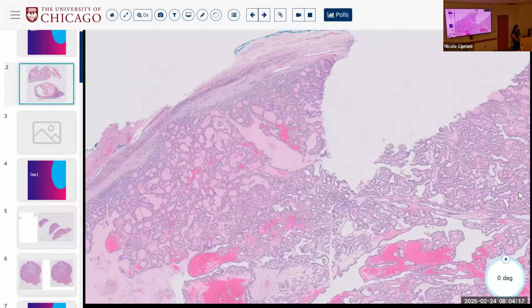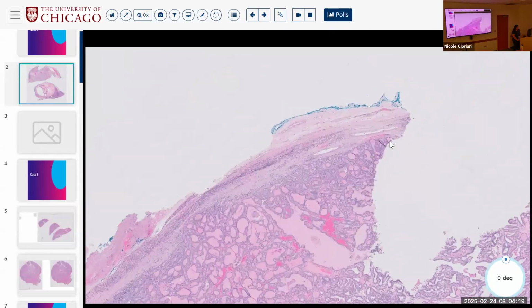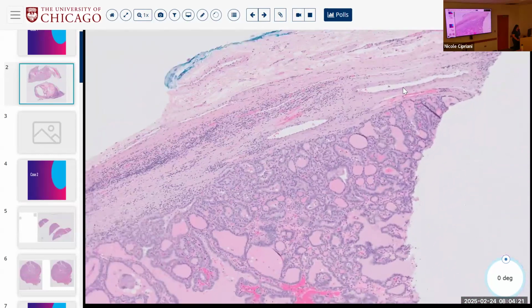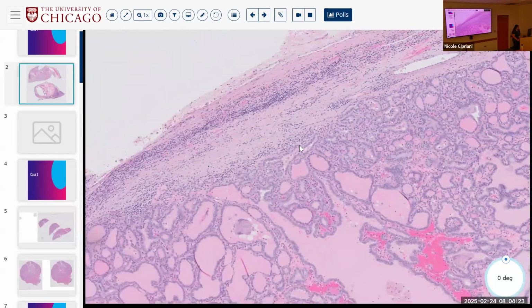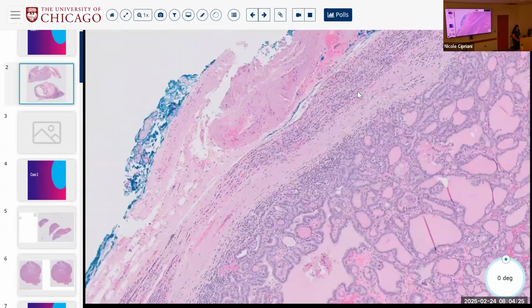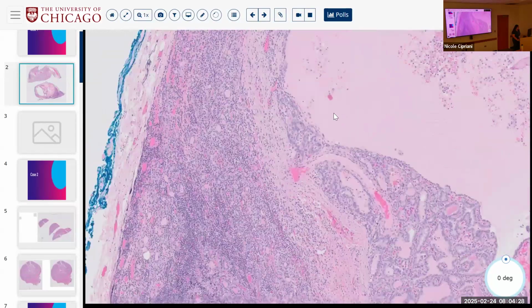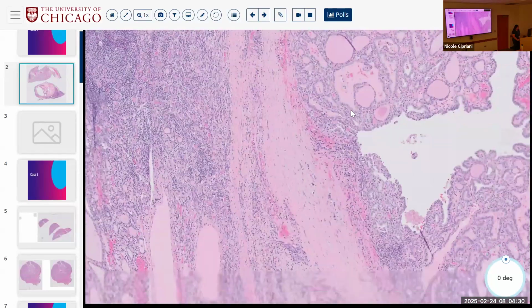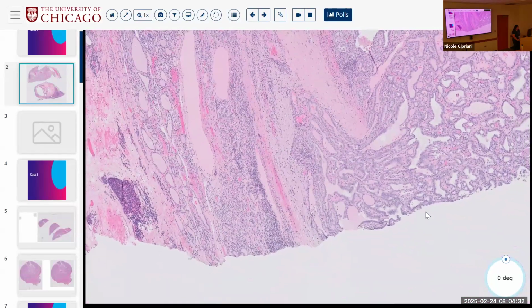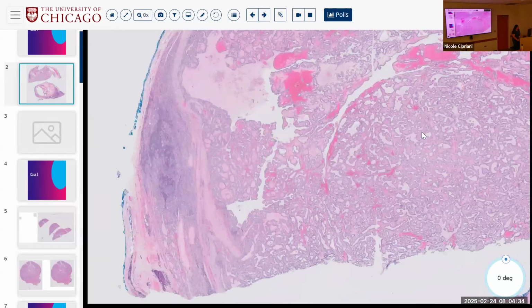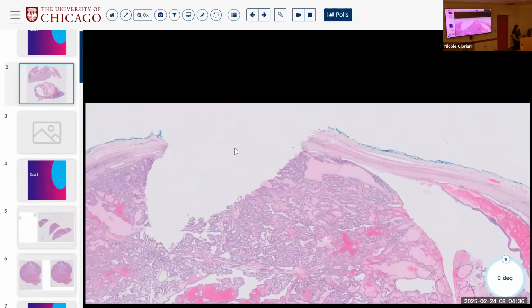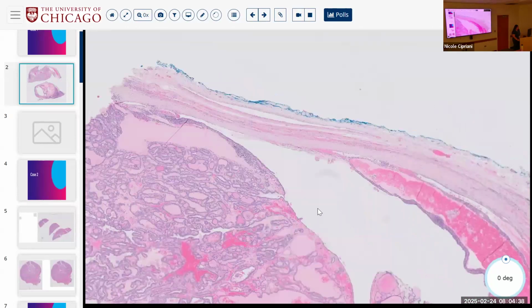No invasion. So far, not in the best. I don't see this part.